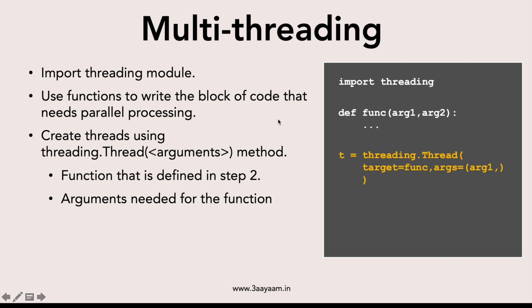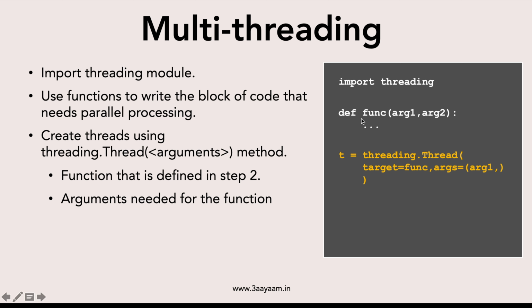The code would be something like this. We'll use a variable, so basically we are creating an object using threading.Thread, and inside of it we have a keyword called target, which we'll have to mention. Target should be the name of the function that we want the thread to execute, not the entire code, only the portion of the code that needs parallelism, which has been defined using a function.